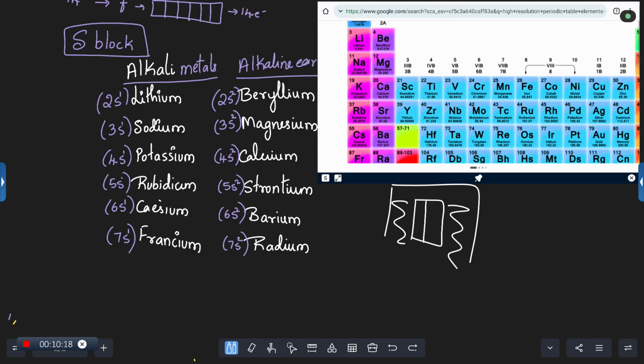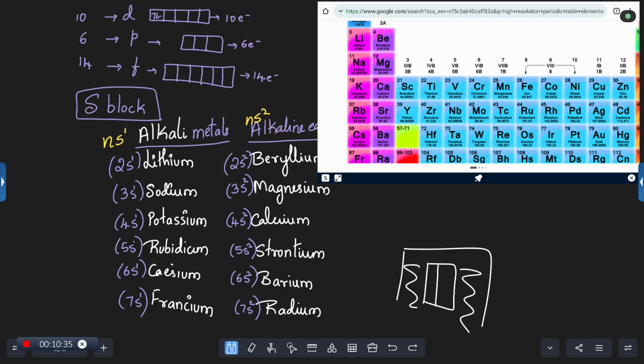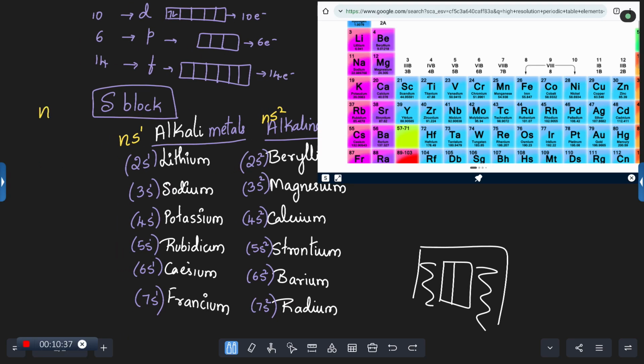Now, what do you understand from this? Alkali metals have a general configuration of ns1, and alkaline earth metals have ns2. So, in general, the electronic configuration of S block is ns1 to 2.